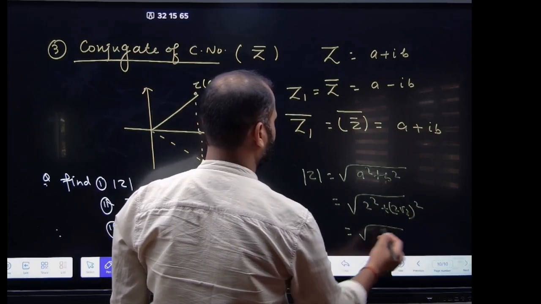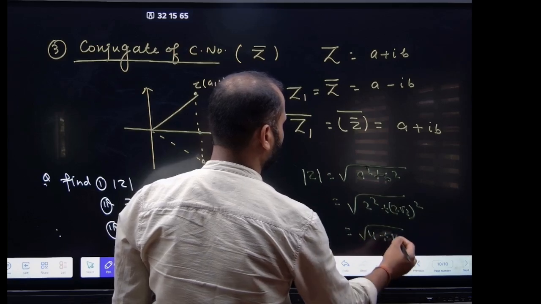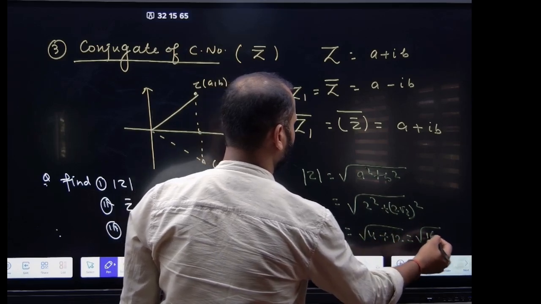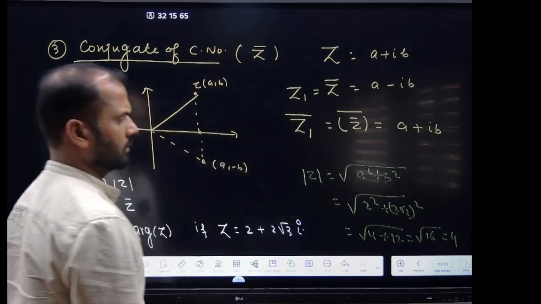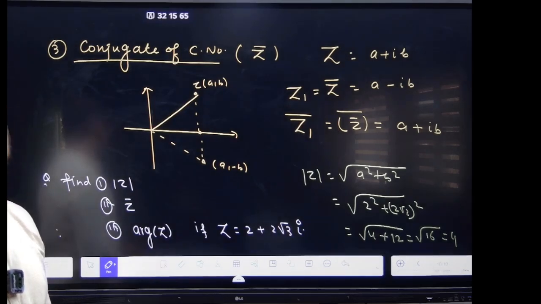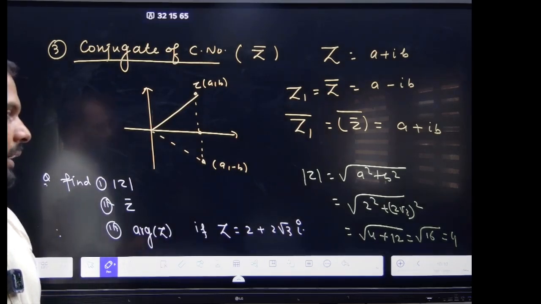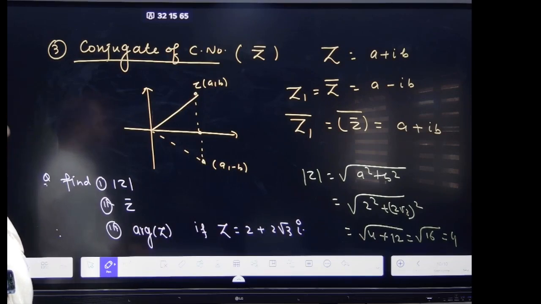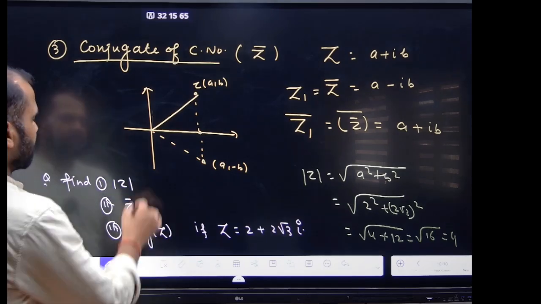So what will be the answer? 2 square is 4, root 3 square is 3, so 4 into 3 is 12, plus 4 is 16. Root 16 is 4. So mod z is nothing but 4.